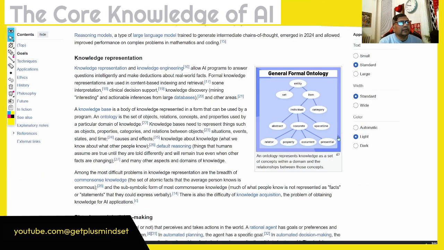What happens if this knowledge representation is utilized by an AI program? This representation actually helps them to find the reasoning. But as a learner, how is it helpful for you? It is helpful because you can write a good quality prompt if you have an understanding of this knowledge representation.